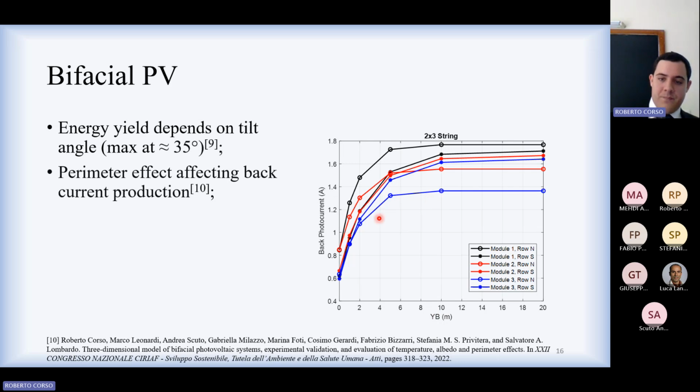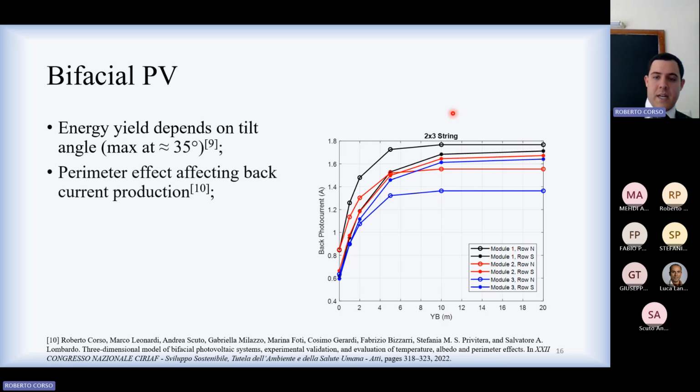And we have plotted this value for each module in the string. What is to be noted here is that there is a difference between modules, not only between the northern and southern row, but also between the module closer, let's say, to the sun.